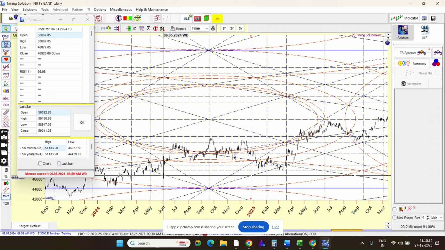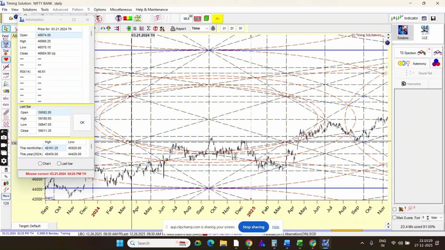Once we recovered from this angle, again we went to this angle, consolidating there, and then moved up to the next falling angle, which is this.